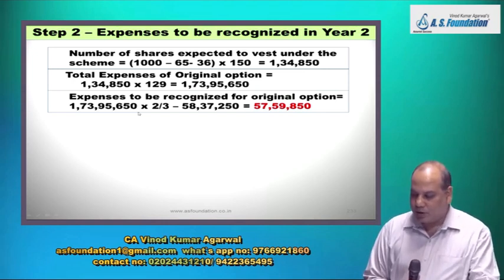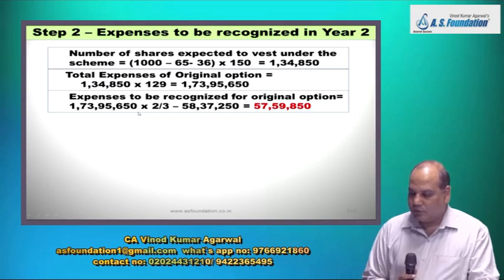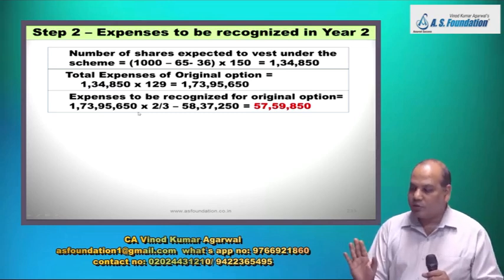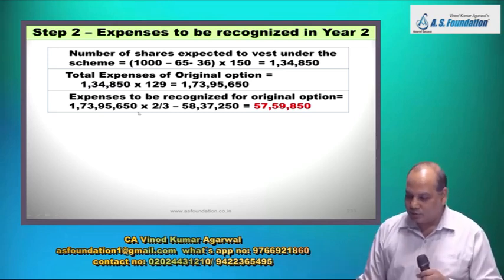Previous year is 58,37,250. That gives 57,59,850. This is for the original option that will continue.